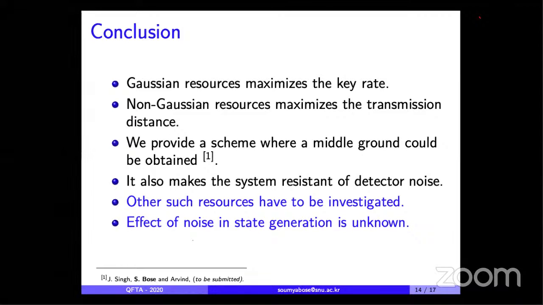Theoretically we can take a pure state, but experimentally you never get a pure state, you always get a somewhat mixed state. So what is the effect of that noise needs to be taken into account. So far this work is in a very final stage, and we will submit it to a suitable journal shortly.